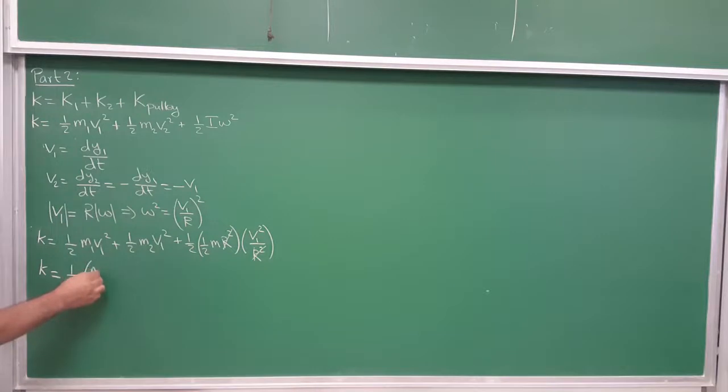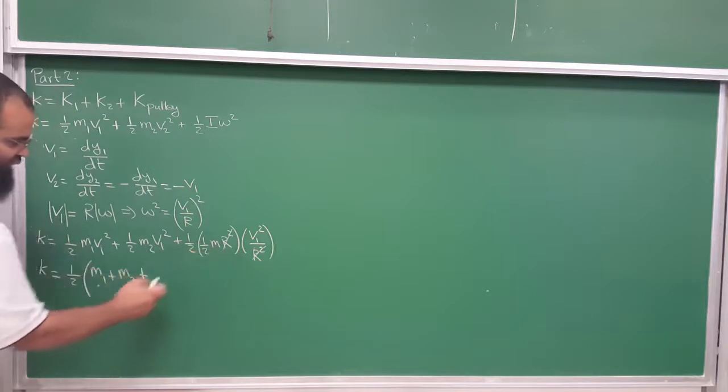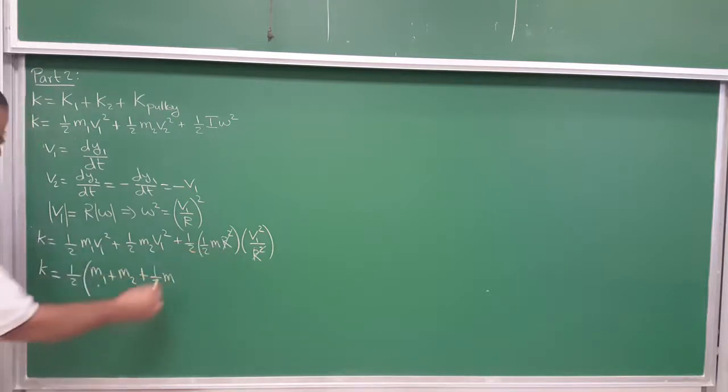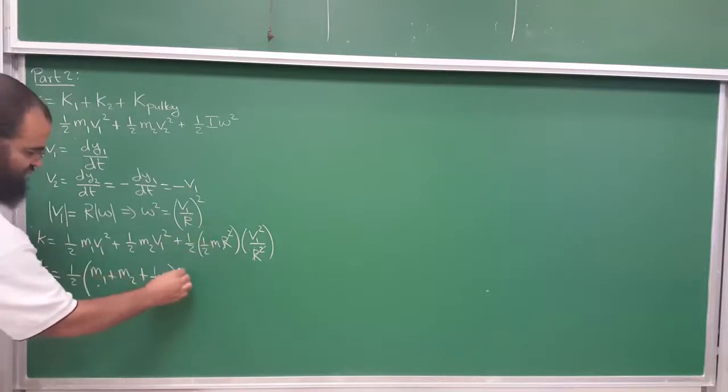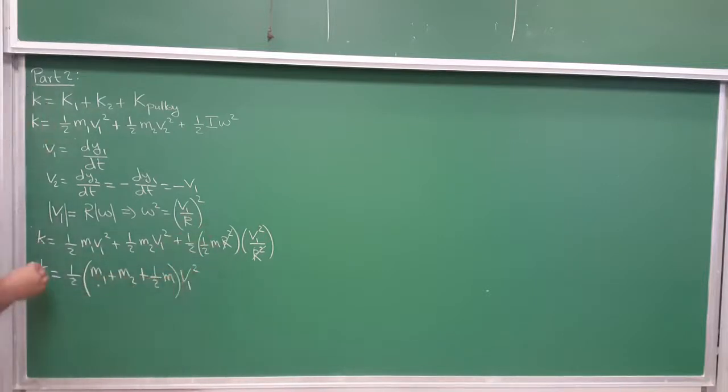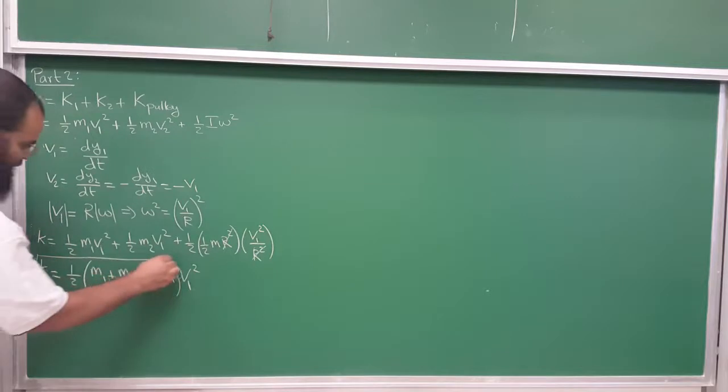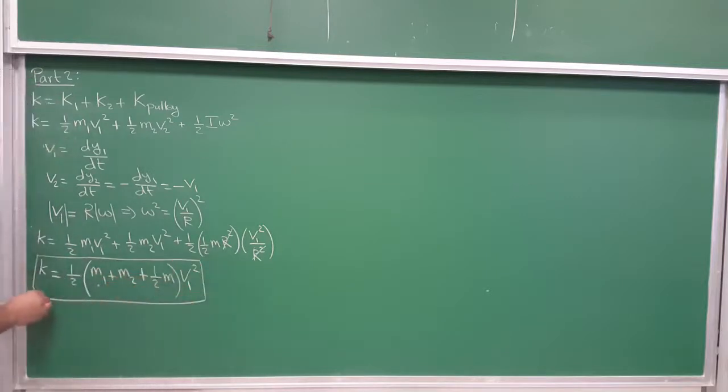So I have 1/2 times m1 plus m2 plus this 1/2 left, so 1/2 little m, and then the r cancels, so I have v1 squared. So that's the kinetic energy. I'm going to just double check I did not make any algebraic mistakes. And it looks okay to me.